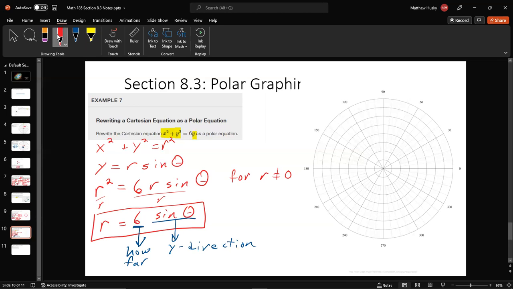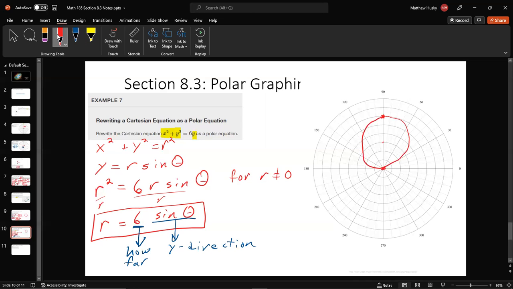So what this equation would look like is you would start at the pole, you would go up 6, 1, 2, 3, 4, 5, 6. You have a point right there. And then the center is going to be right there, halfway, and you would have a circle that kind of goes like that.